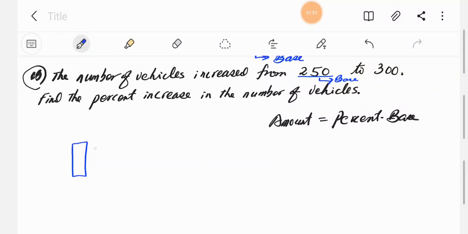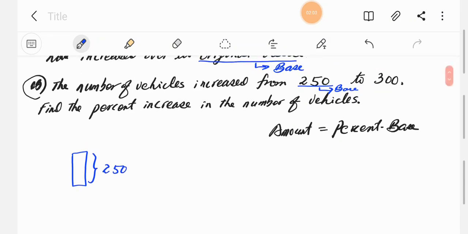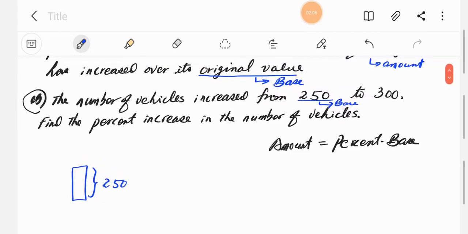Look at this. So you have the original amount, which is 250. So you have 250 vehicles, and then you add some amount, so finally it became 300, right? So the number of vehicles increased from 250 to 300.